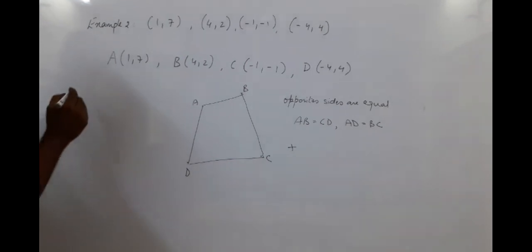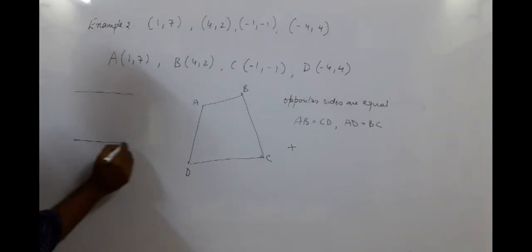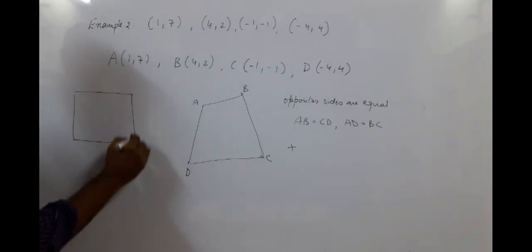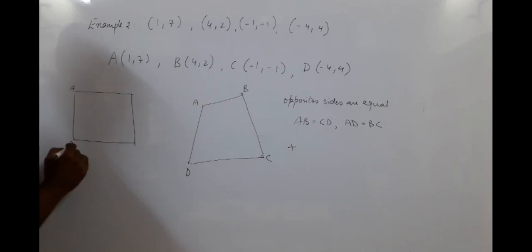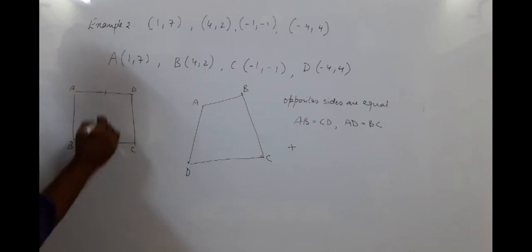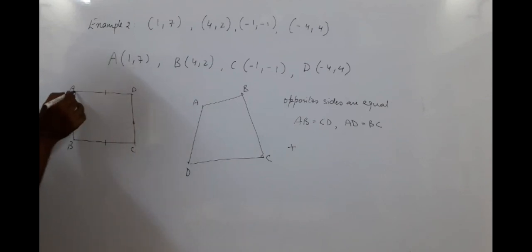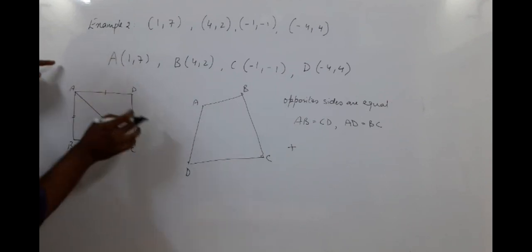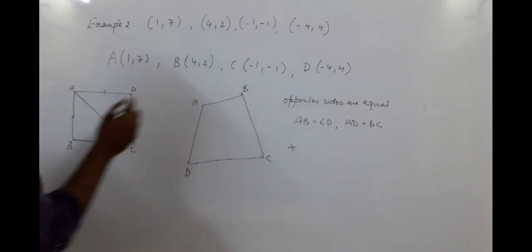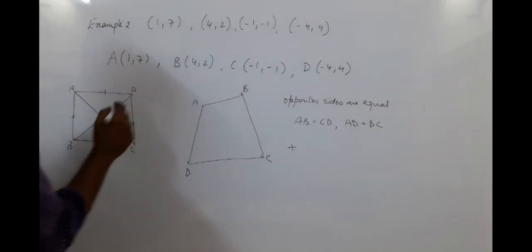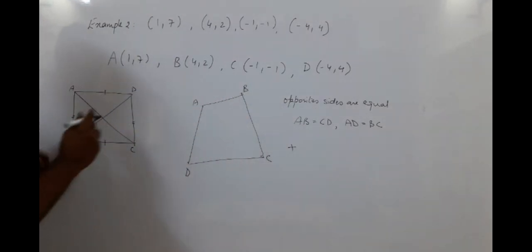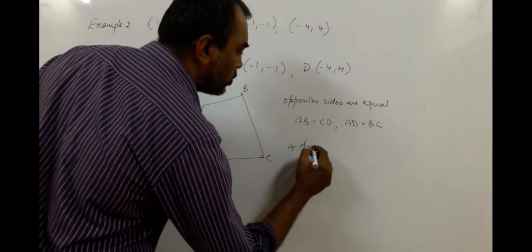means opposite sides are equal, and then we take the points A and C and find AC. How do we find AC? By taking these 2 points. And how do we find BD? Find these 2 points. So opposite sides are equal plus diagonals are also equal.